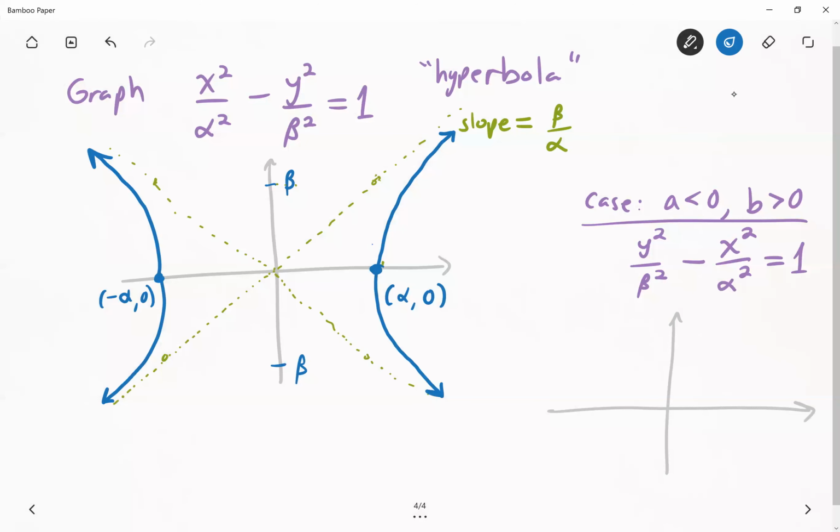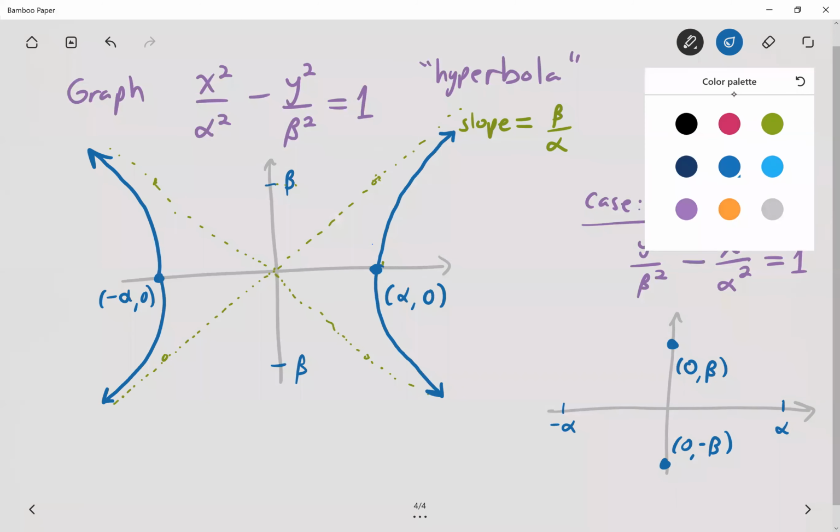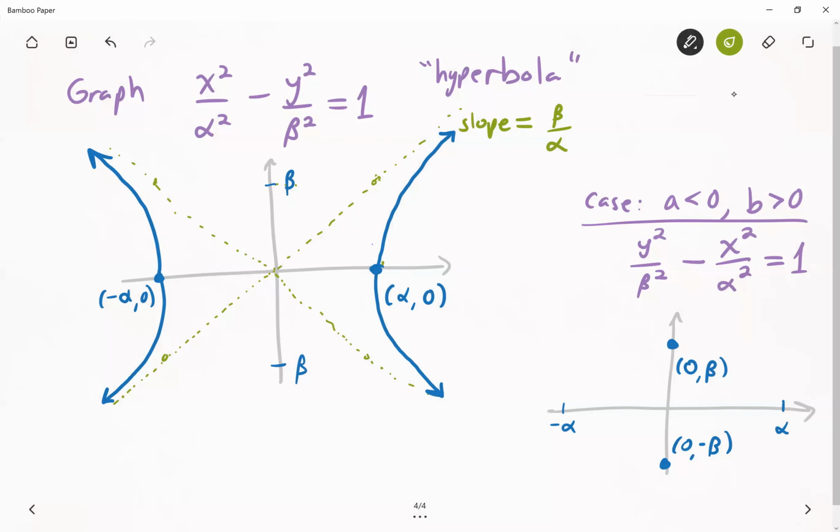And you know there's 2 points that are on your function, and those points are, not beta, but 0 comma beta, and 0 comma negative beta. Similarly, if I mark off alpha and negative alpha on the x-axis, it's going to help me position some asymptotes.